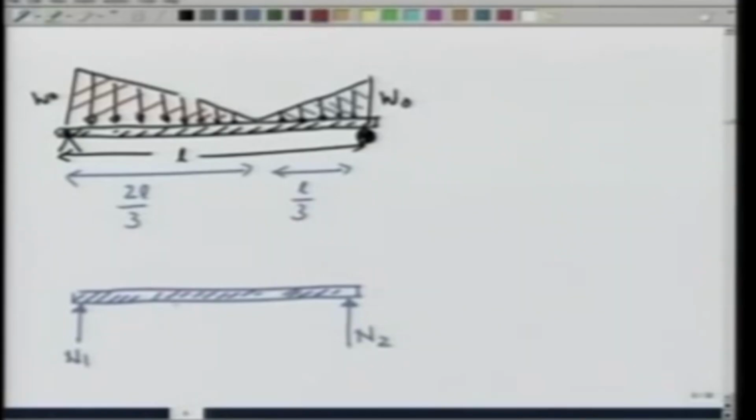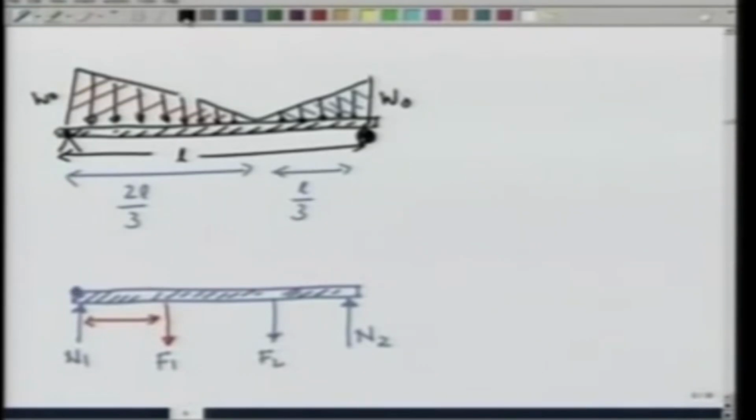I will take the triangle on the left acting like this at a distance which we are to calculate, and similarly the triangle to the right also applies a load. Let us call these F1 and F2, at a distance from this point.